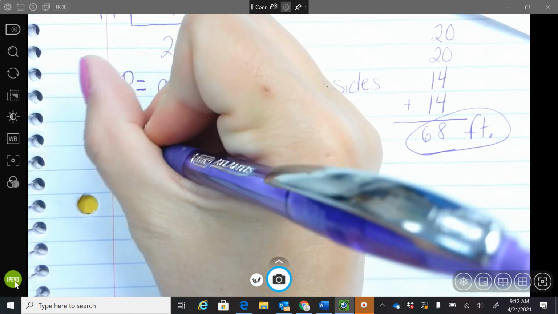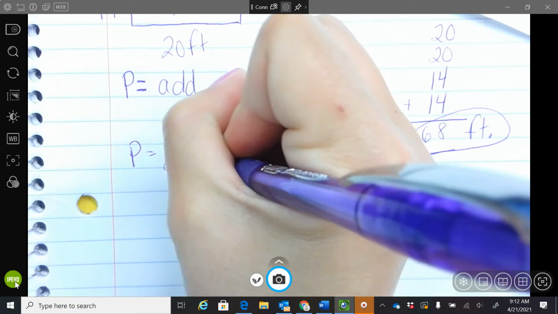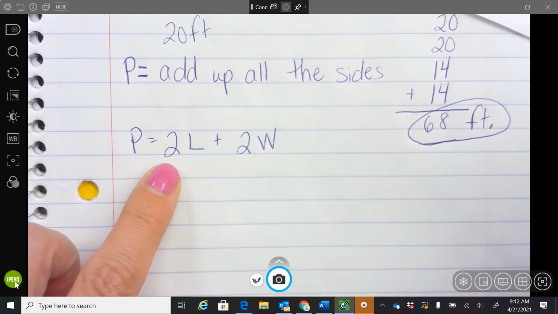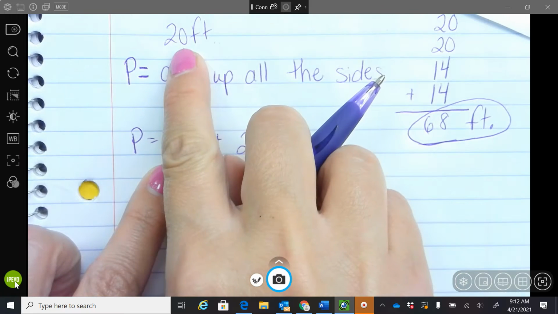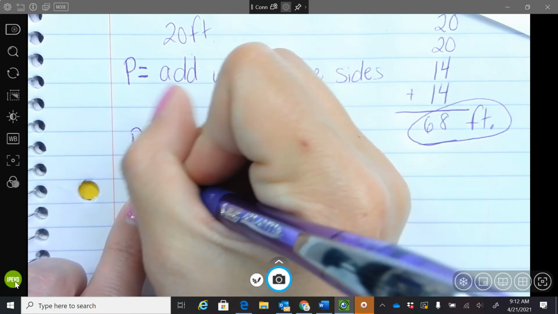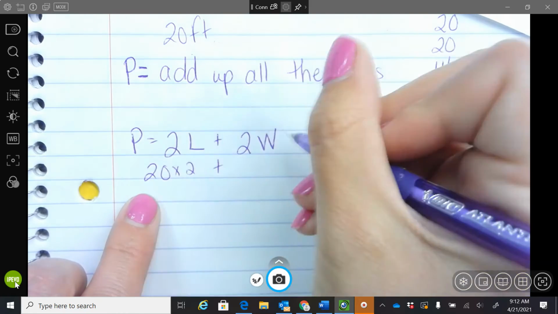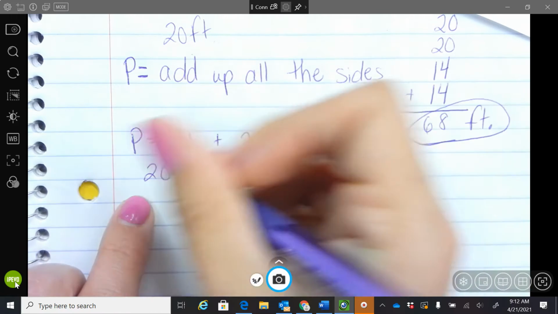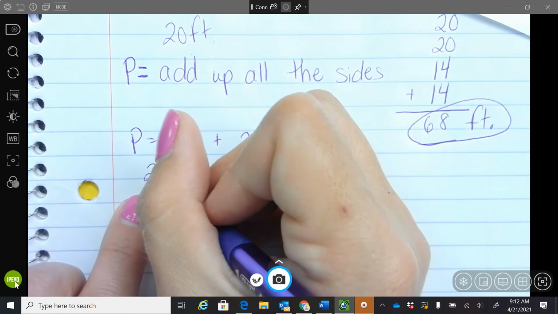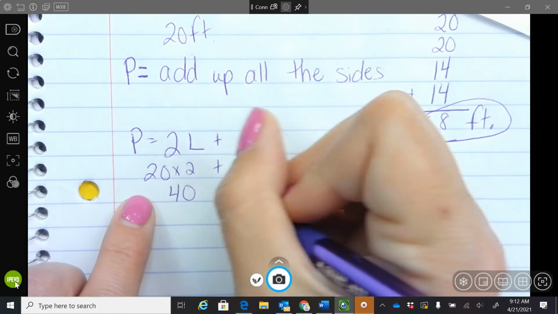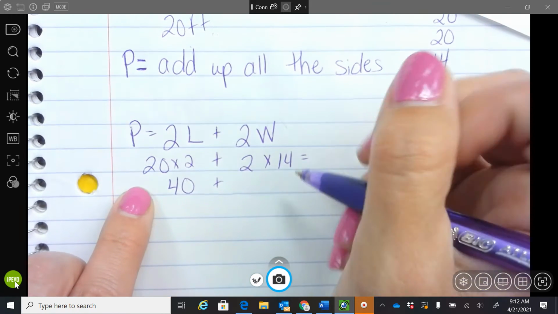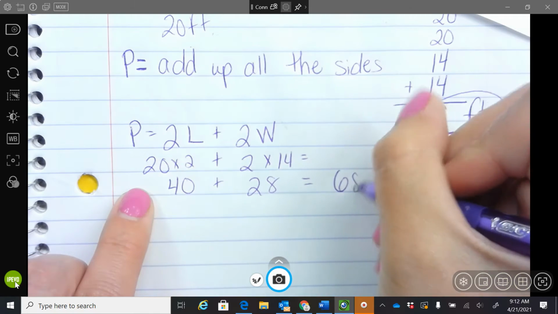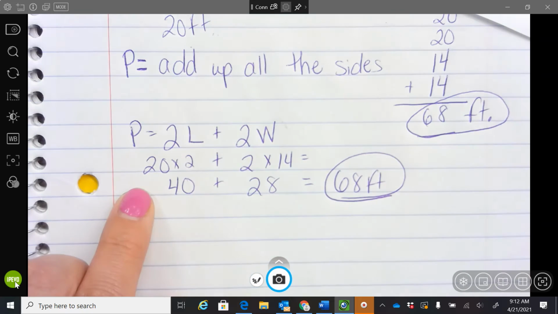So 2 times our length would be 20 times 2, plus 2 times 14. 20 times 2 is what? 40. Plus, what's 2 times 14? 28. And then if you add those together, you got 68.